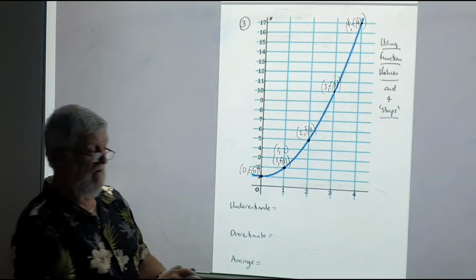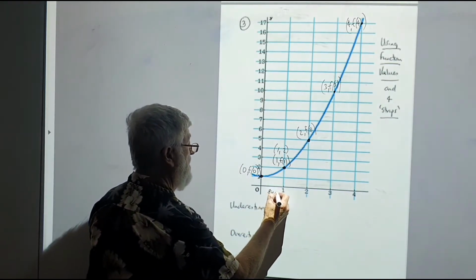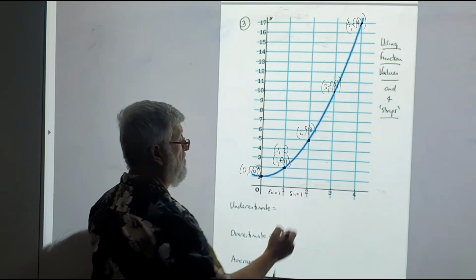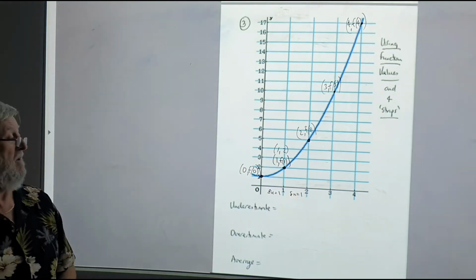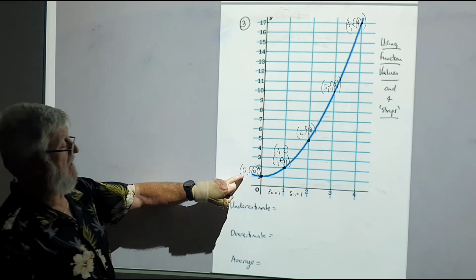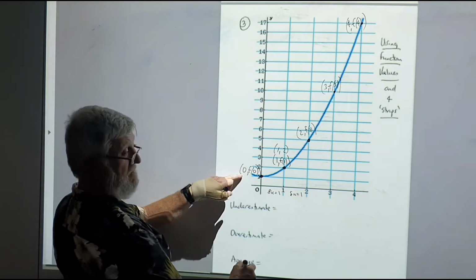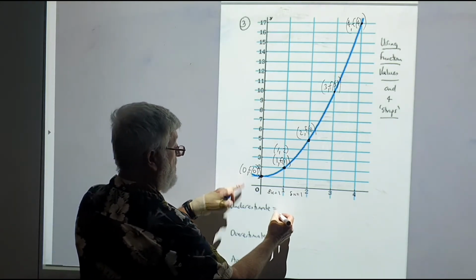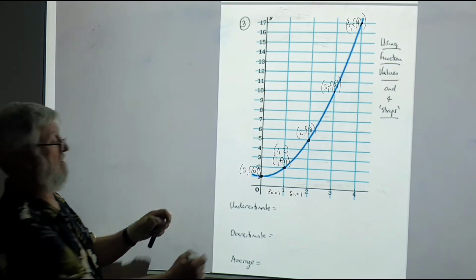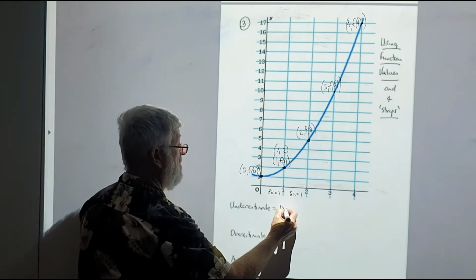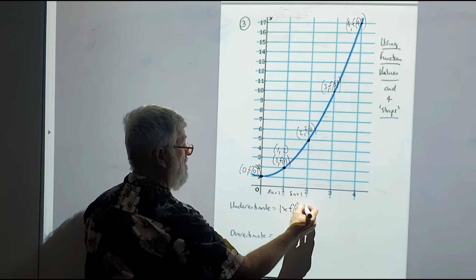How wide are all the rectangles? A little change in x of 1, a little change in x of 1, they're all going to be multiplied by 1. So I'm going to talk about the underestimate starting with 0. So it's actually a width of 1 times the function at 0.